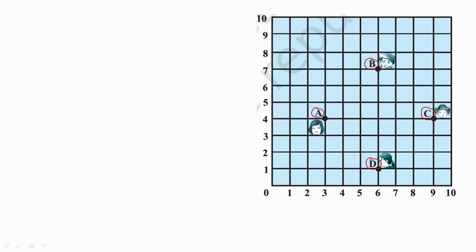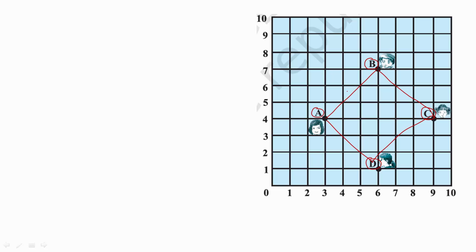According to Champa, ABCD is a square, but according to Chameli, ABCD is not a square. So you have to check which of them is correct, either Champa or Chameli or both. In this case, we have to find the distance of AB, BC, CD and DA.